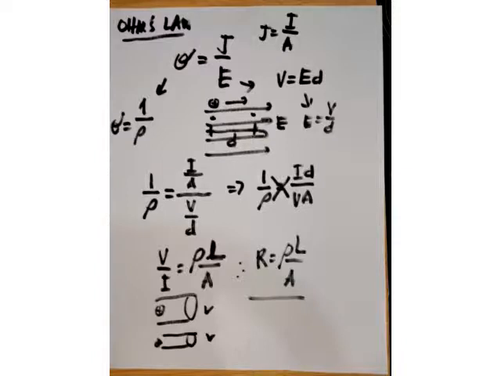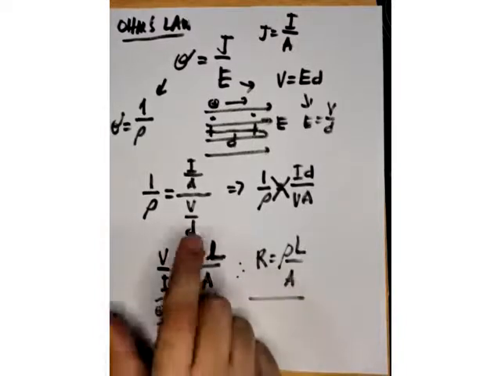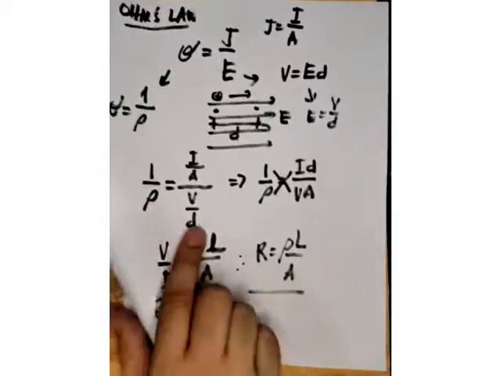Kaya kinocompensate mo na lang sa ibang bagay. Ayan, dyan natin nakuha yung formula na rho L over A in computing the resistance of a conductor.